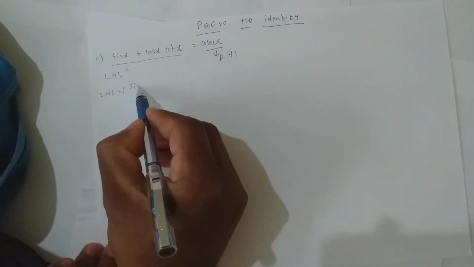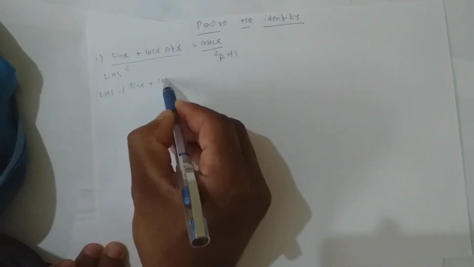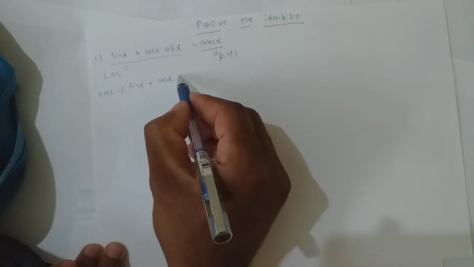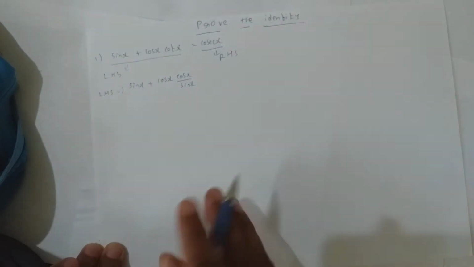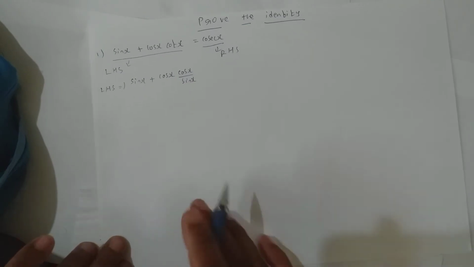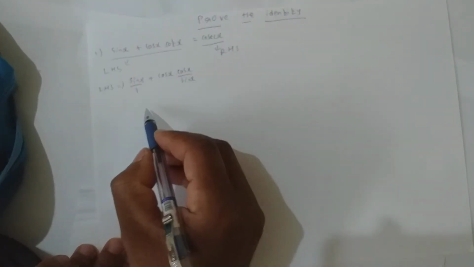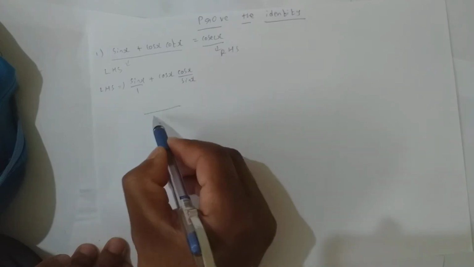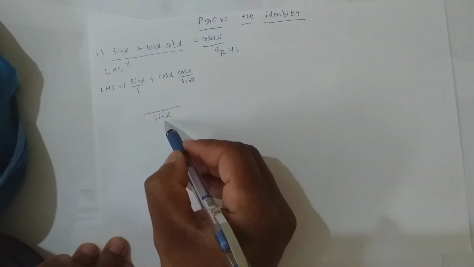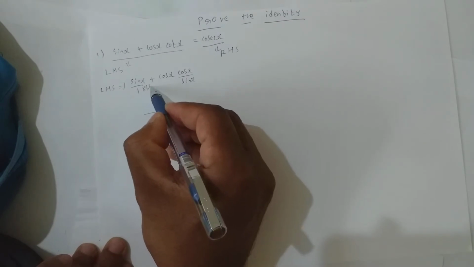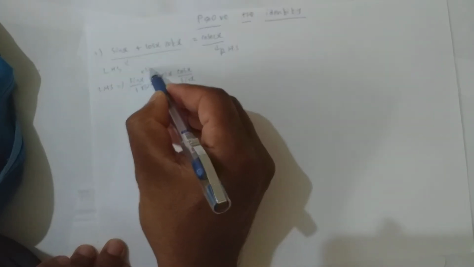Sin x I cannot simplify, place it like that, cos x. In place of cot x I can write cos x by sin x, right? So now the LCM. LCM of 1 and sin x will be sin x only. So 1 should become sin x. So I need to multiply this with sin x here and also here.